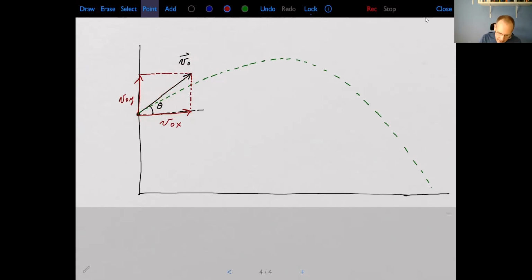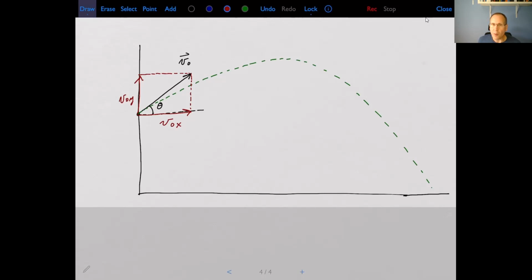Okay, now let's talk about the x direction first. If we assume that there's no air resistance, then once the ball leaves the launcher, and we're really only interested in after it leaves the launcher, when it's in the air, there are no forces acting on the object in the x direction.